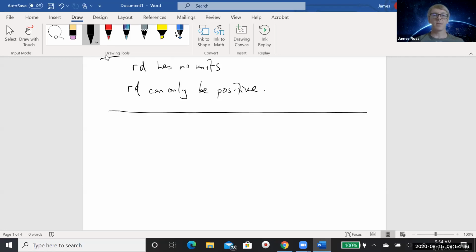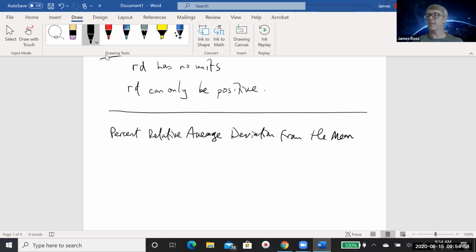So this is going to be percent relative average deviation from the mean. And I'm going to call that either percent RAD, relative average deviation, or you can have parts per thousand RAD.